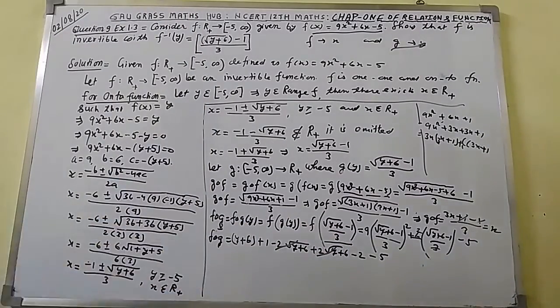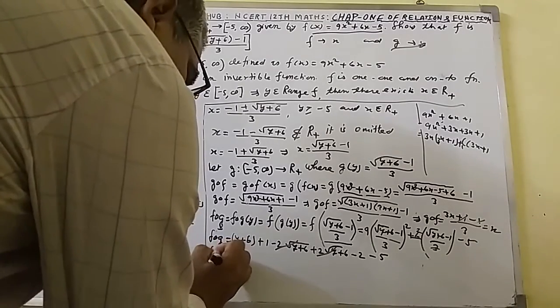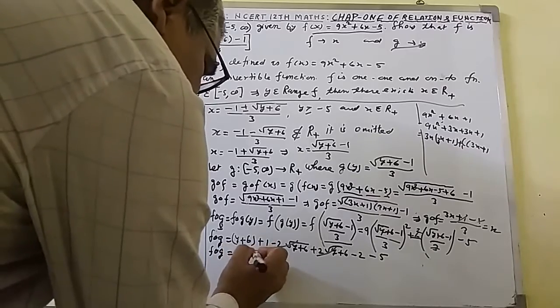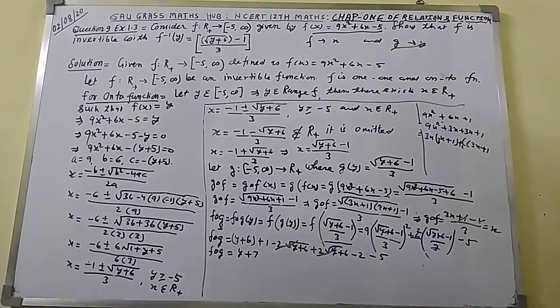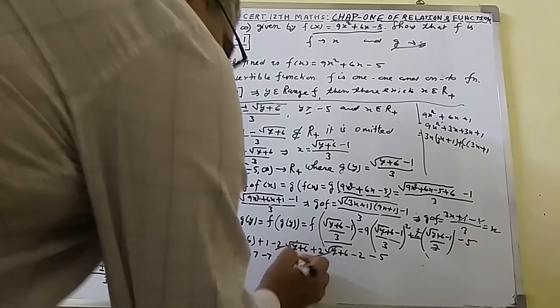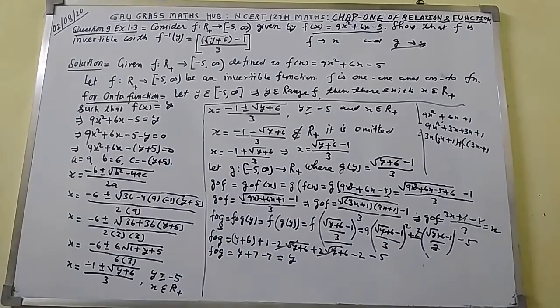Or here you can see fog. fog is equal to y plus 6 plus 7, here you get minus 2, minus 2, minus 7. Here you will get fog is equal to y, small y.